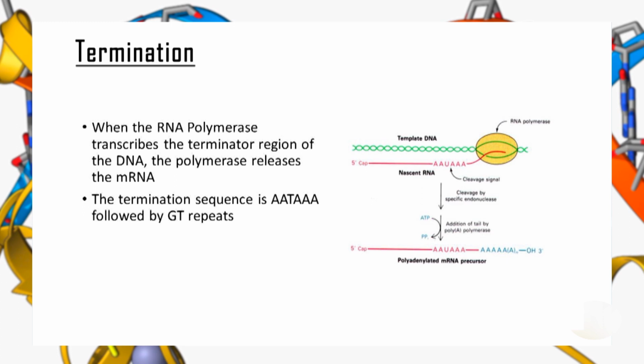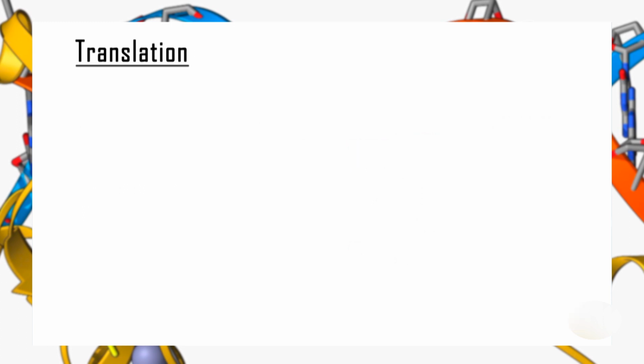TFIIF remains associated with RNA polymerase II throughout elongation. The activity of RNA polymerase II is greatly enhanced by proteins called elongation factors. Then translation.